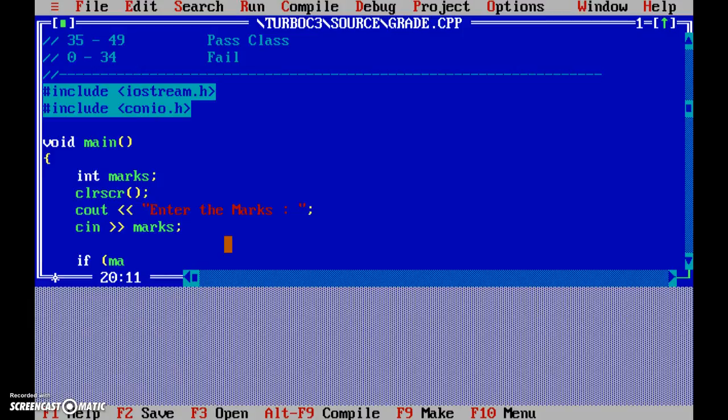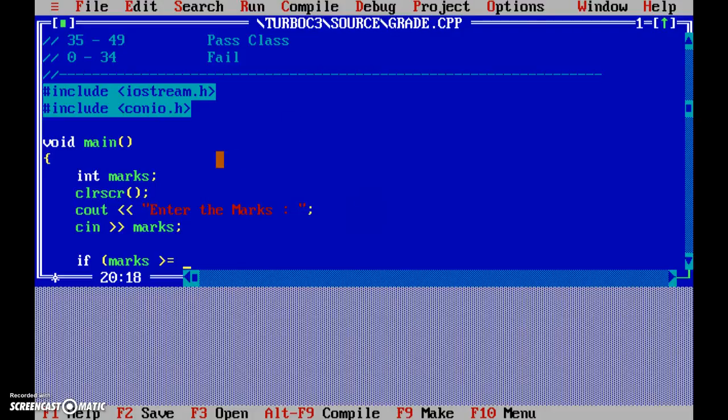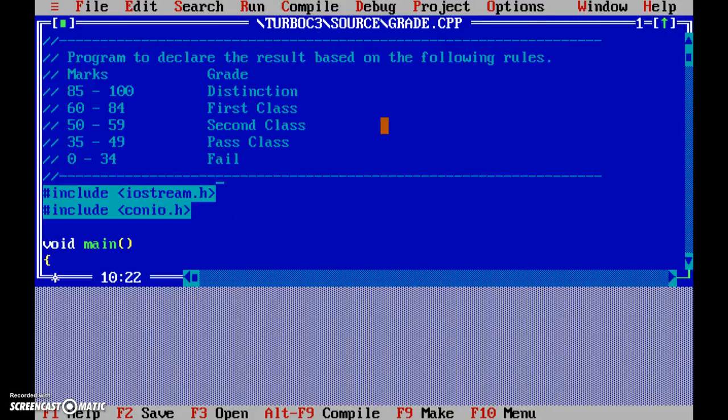If marks is greater than or equal to, keep referring to the 85 to 100.